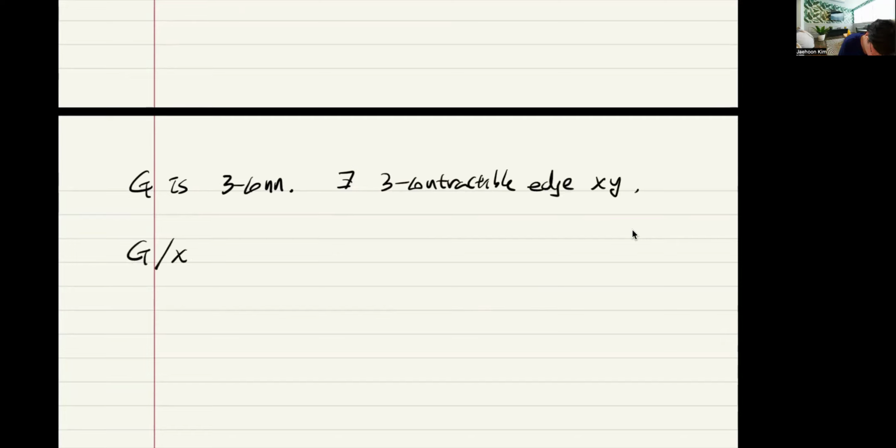What we do is consider G contract xy. We contract x and y. Then we want to show that this has no Kuratowski subgraph.